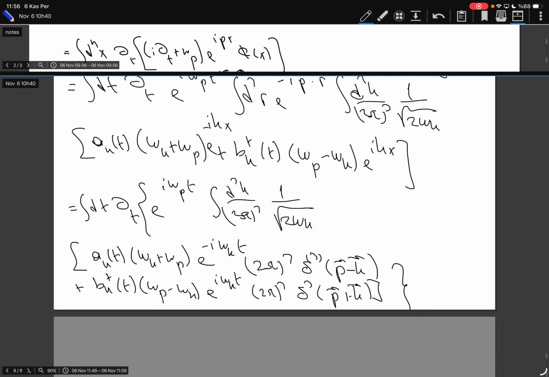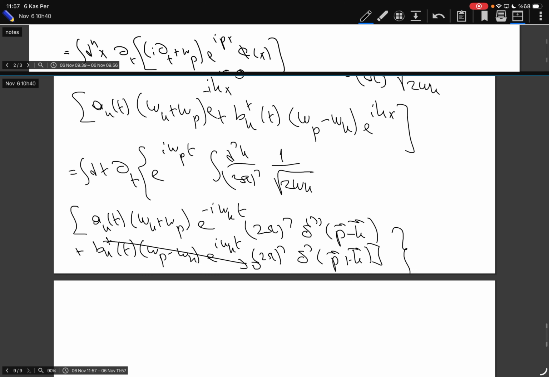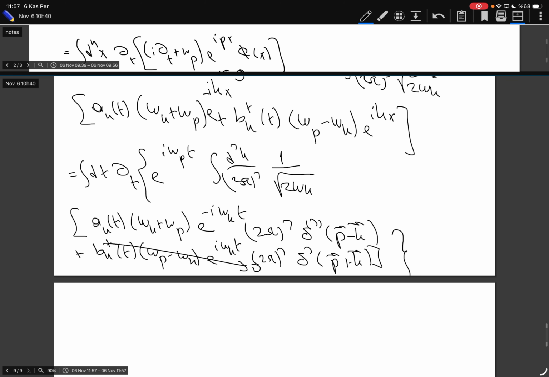Both Dirac delta functions tell me that p and k should have the same magnitude, and hence omega_p and omega_k should be equal. If omega_p and omega_k are equal, then the second term just doesn't contribute. I have omega_p minus omega_k, which will become 0. And now I can evaluate the k integral.